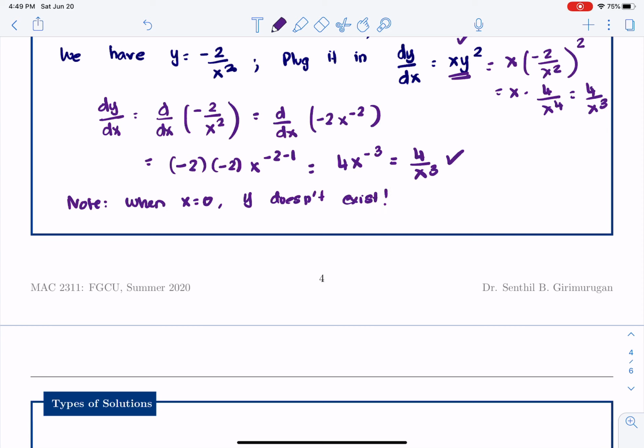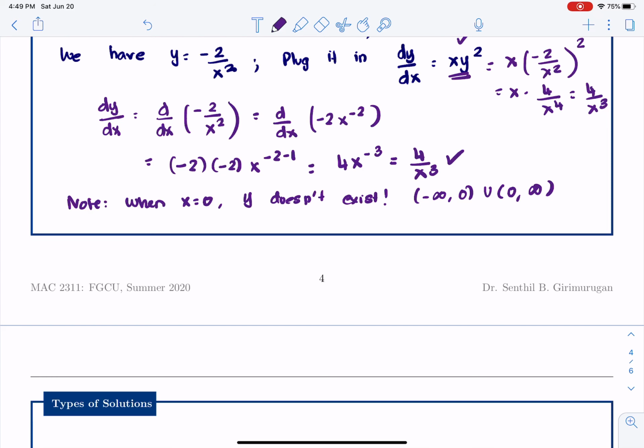So the solution interval for this particular differential equation is negative infinity all the way up to 0, union 0 to infinity. We're not including 0 because there is a discontinuity. We get divide by 0 when x is equal to 0.